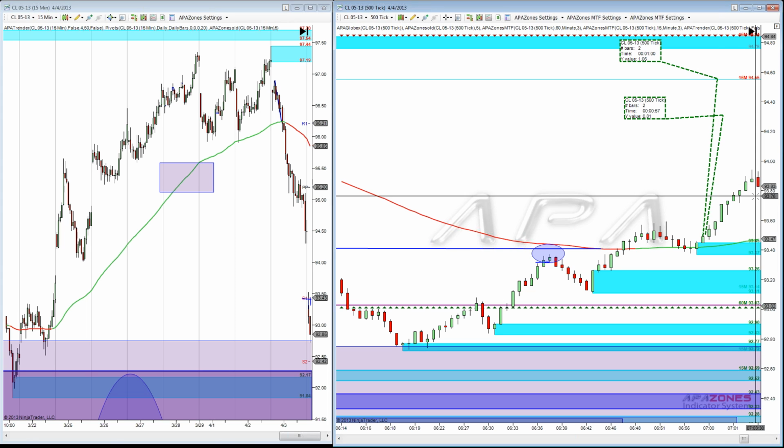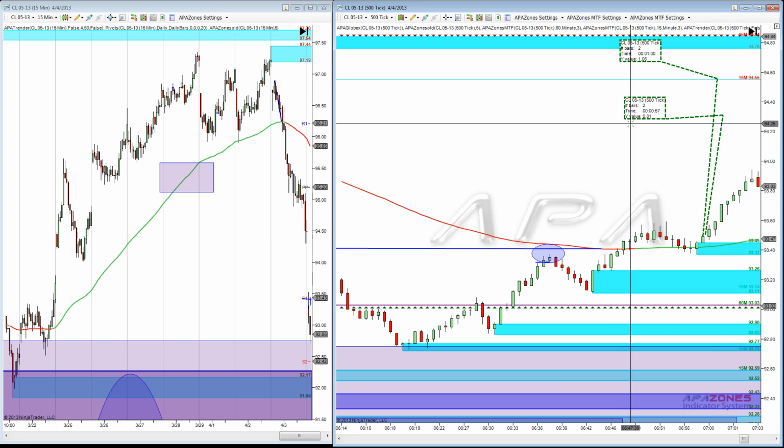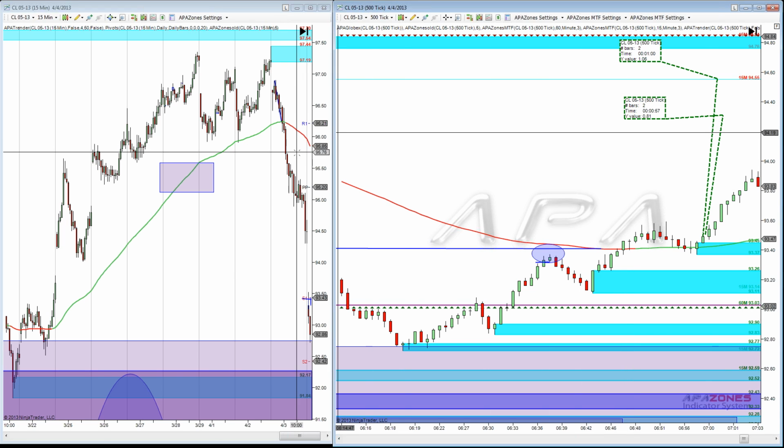Now, this could be good. 7 o'clock is a very good turning time, and you just engulfed with that shooting star at that level, but you're in the middle of nowhere. I only have a few different time frame zones on here, but I don't really see this being a really popular area.